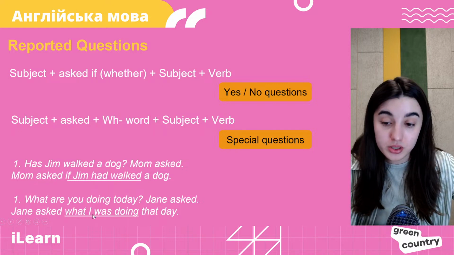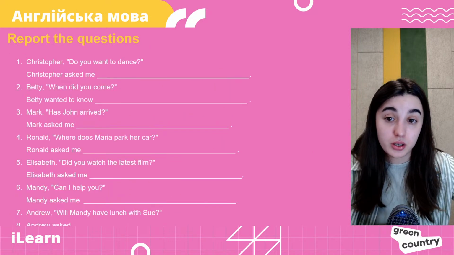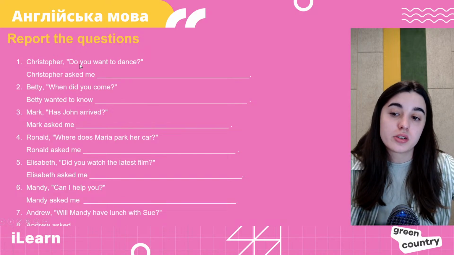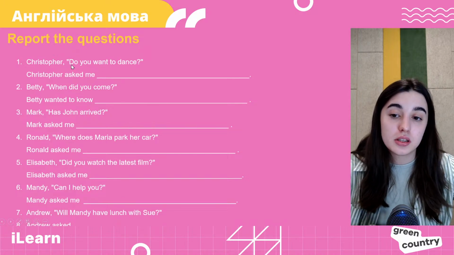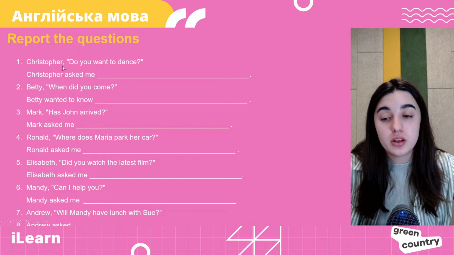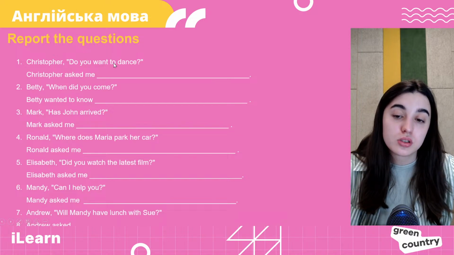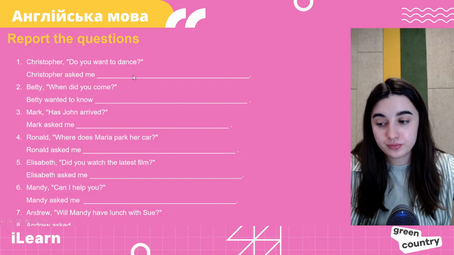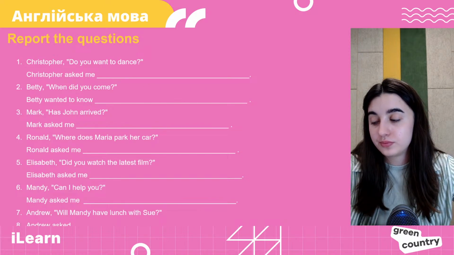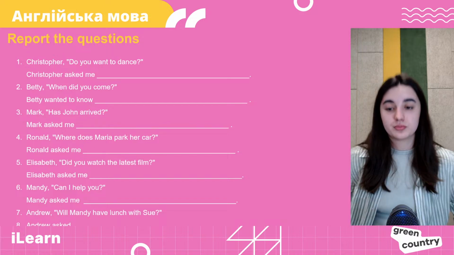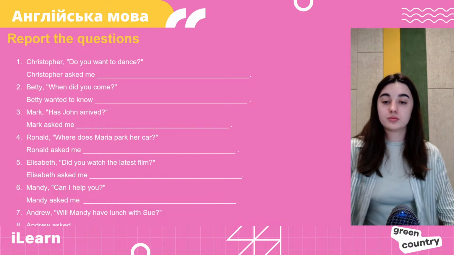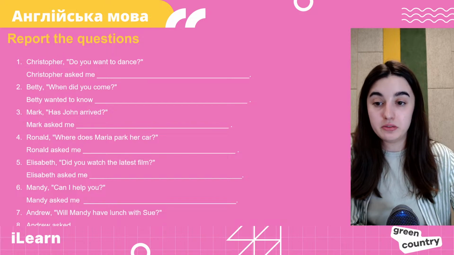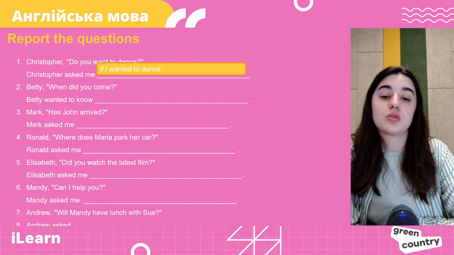And of course, we are going to practice all of these questions. We are going to start with the first one, the easiest, in present simple. So, Christopher asked me, do you want to dance? How can we change it? Christopher asked if I wanted to dance.